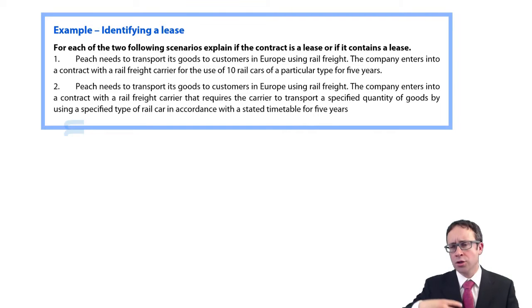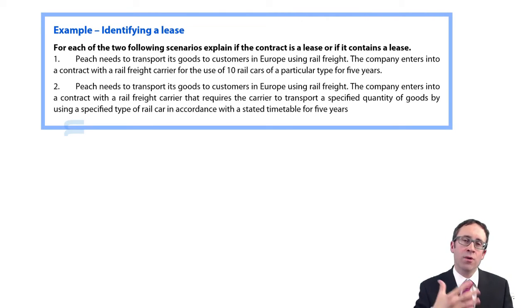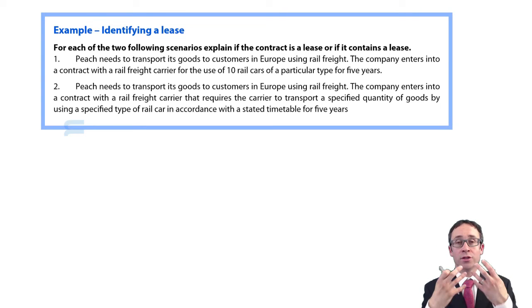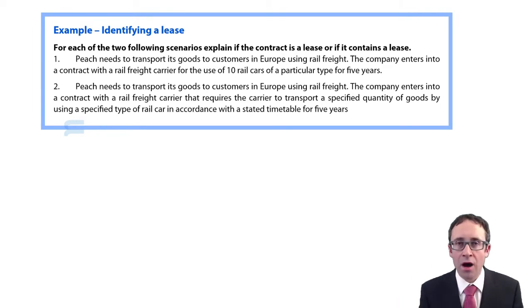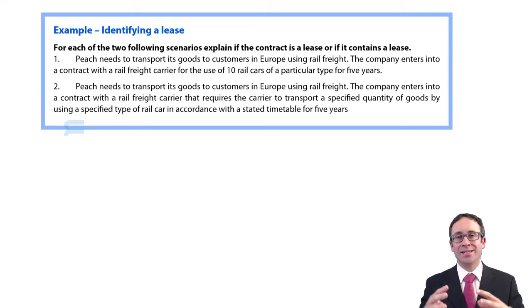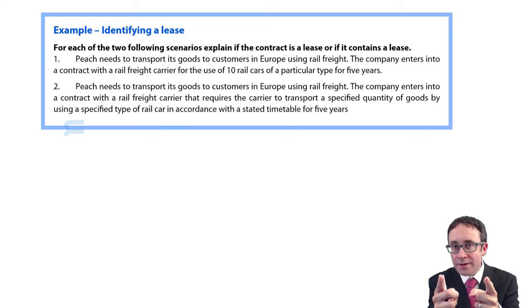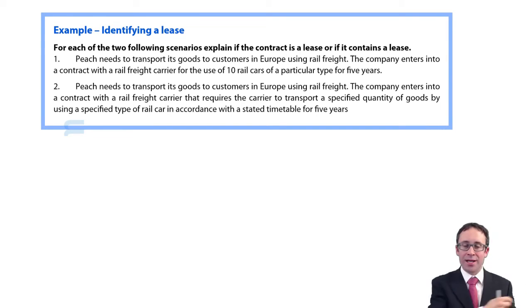If the supplier can substitute the asset that we are using for another similar asset, then there is no lease. However, if they cannot substitute the asset, then there is a lease, and therefore the supplier becomes the lessor and we are the lessee, and IFRS 16 applies. Got it? Yes, brilliant. Let's have a look.